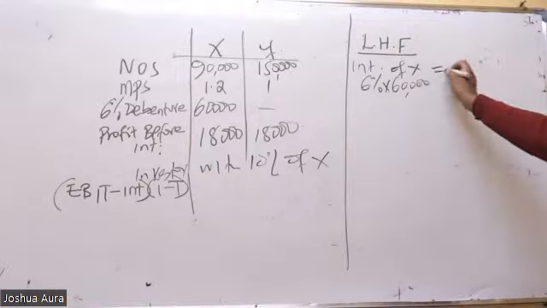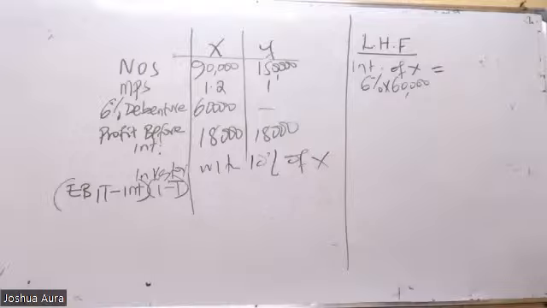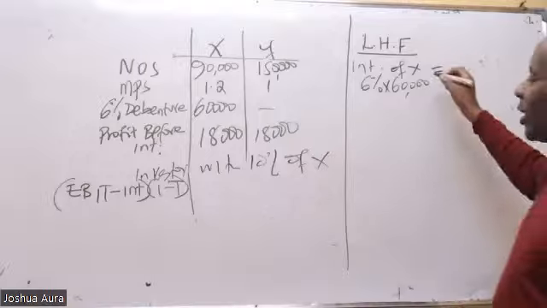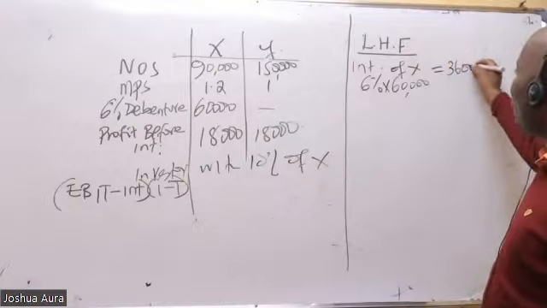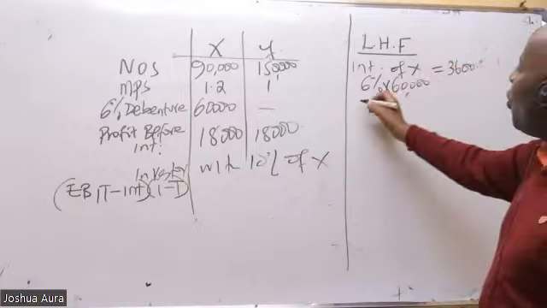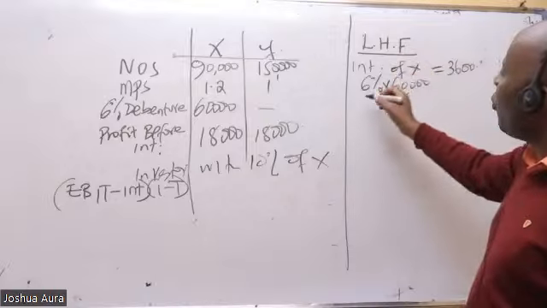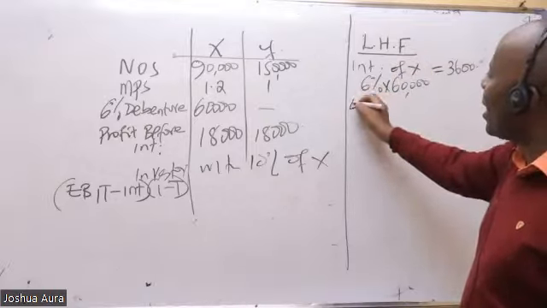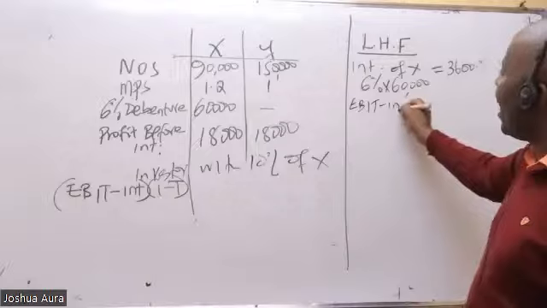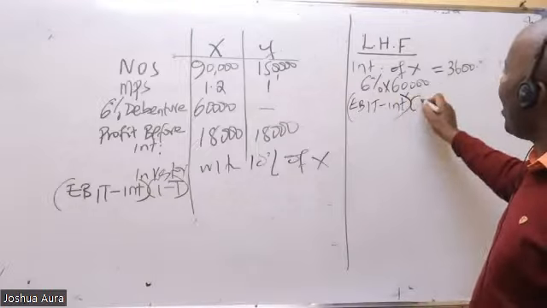What figure are we getting? 6% of 60,000 is 3,600. Thank you very much. Therefore, for company X, we take EBIT minus interest, into 1 minus tax.